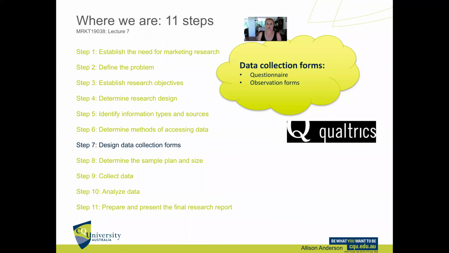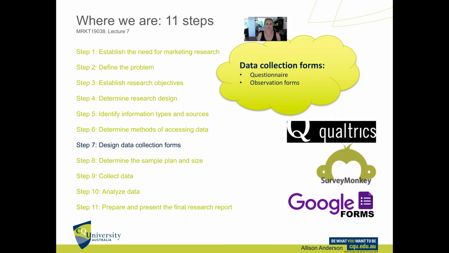Right, okay, so where we are, we're in the 11 steps of marketing research as described by the textbook. We're sitting at about step 7, which is design data collection forms. There's lots of different types of data collection forms, but probably in marketing research, 2 of the most common ones used are questionnaires and observation forms.